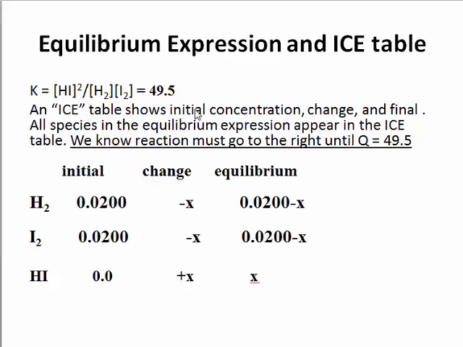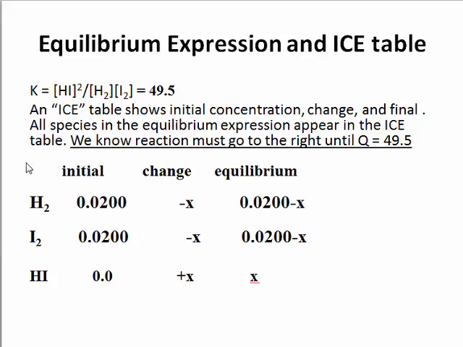An ICE table shows the initial concentration of each species in the equilibrium expression. Once we've written down the equilibrium expression, we know what species to include in our ICE table.